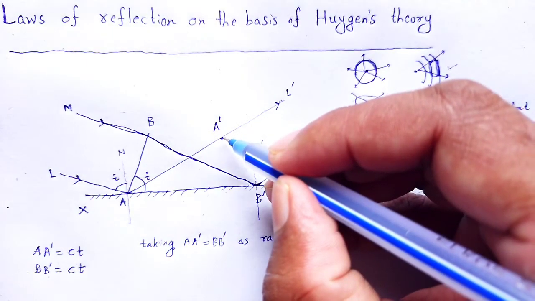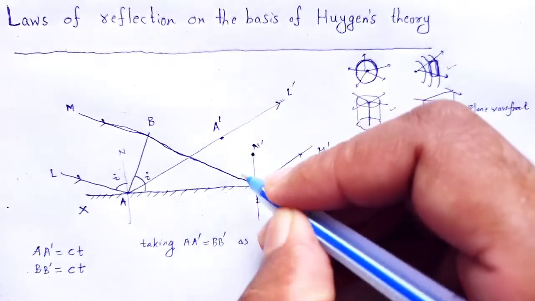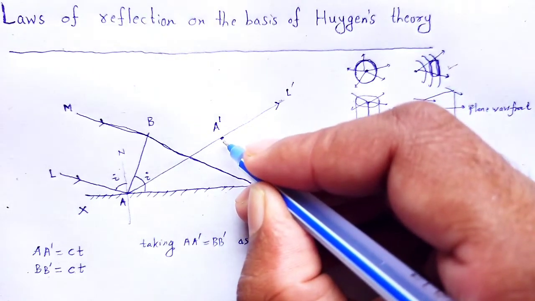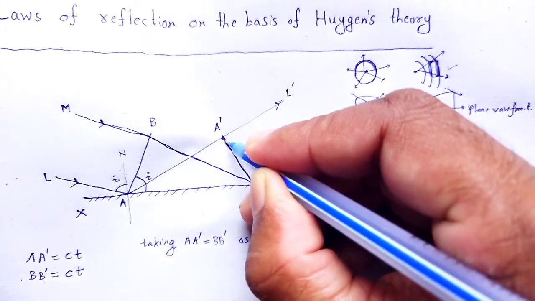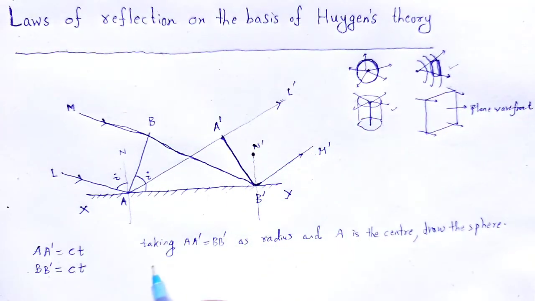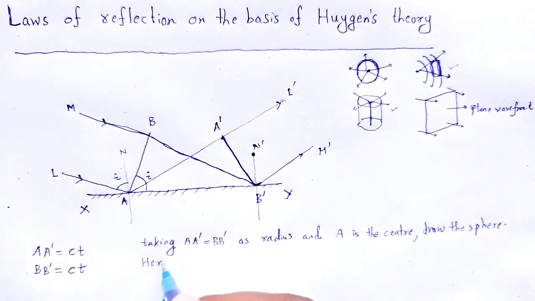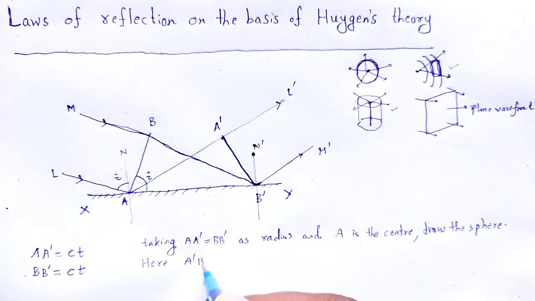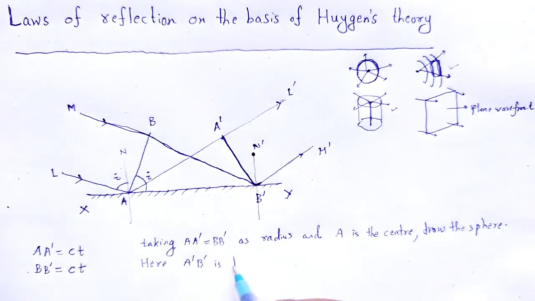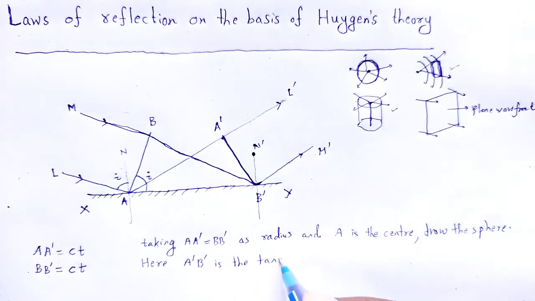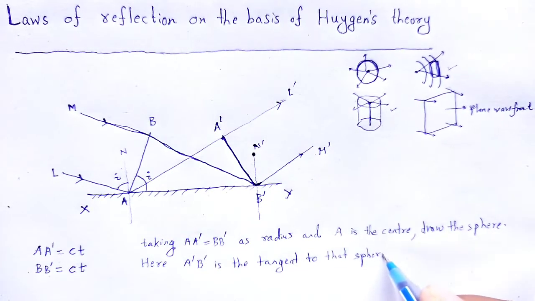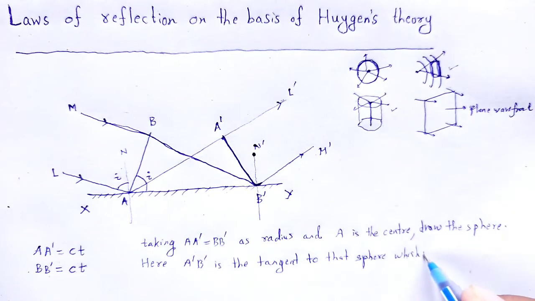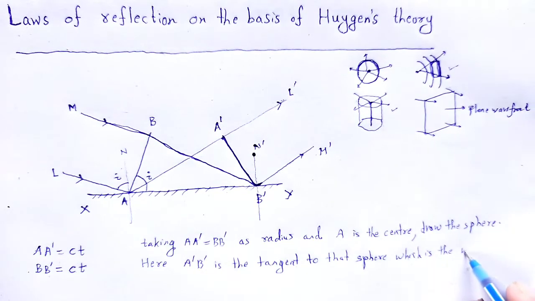Now A dash B dash is the tangent to that sphere, which is the wavefront.